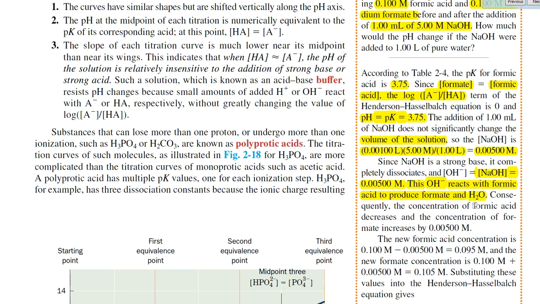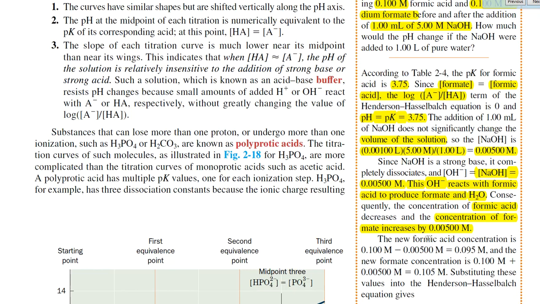So the formic acid concentration decreases because it is converted into formate and water, and the concentration of formate increases by 0.005. The number of OH ions will form the same number of formate, so the formate increase will be 0.005, same as the hydroxyl, if you are following me.